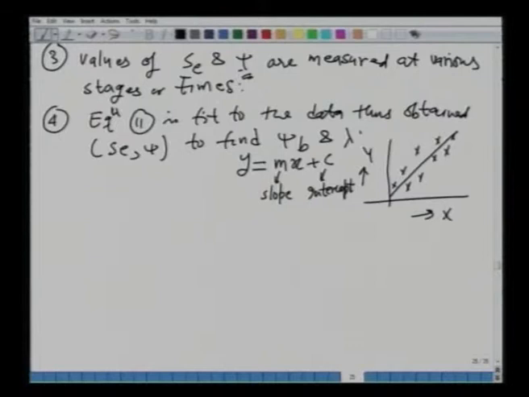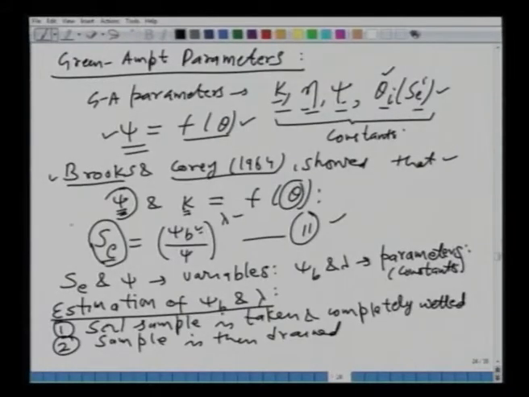So, once we have found the value of m and c, we have determined the equation of the line, or we can find out the value of y given the value of x. Okay. In this particular case, we are trying to fit equation 11 to data SE and psi. So, if we go back to equation number 11, that is what it looks like.